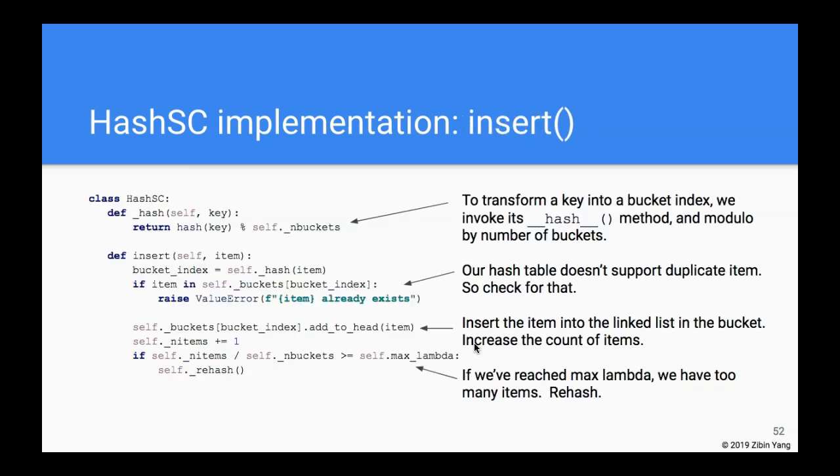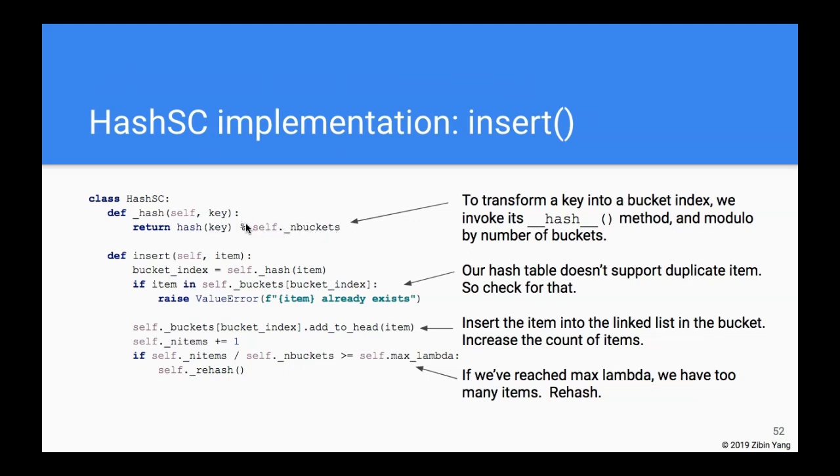Okay, and so as usual, the first operation we want to look at is inserting an item into the hash table. For any operation we need a hash function, plus the modulo part.